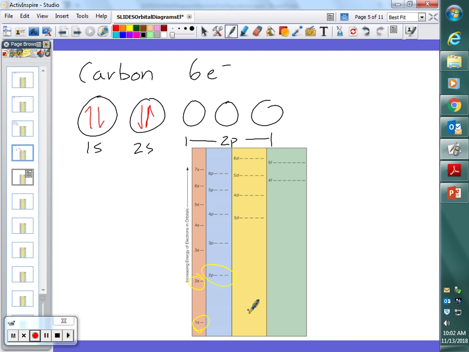All 3 of these orbitals are basically the same distance from the nucleus. They all have the same energy. Okay? So, if electron number 5 goes here, where is electron number 6 going to go?